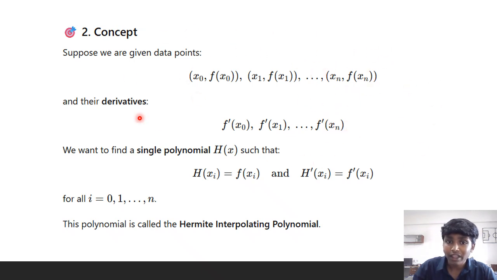We use all these values to create a single Hermite polynomial h of x, such that h of xi equals f of xi for every given f of xi, and h dash of xi matches the given f dash of xi. In this way we are going to calculate the Hermite interpolating polynomial.